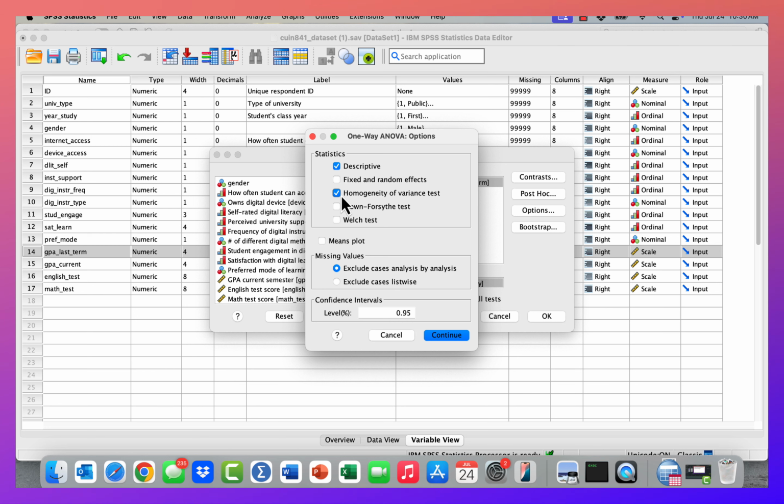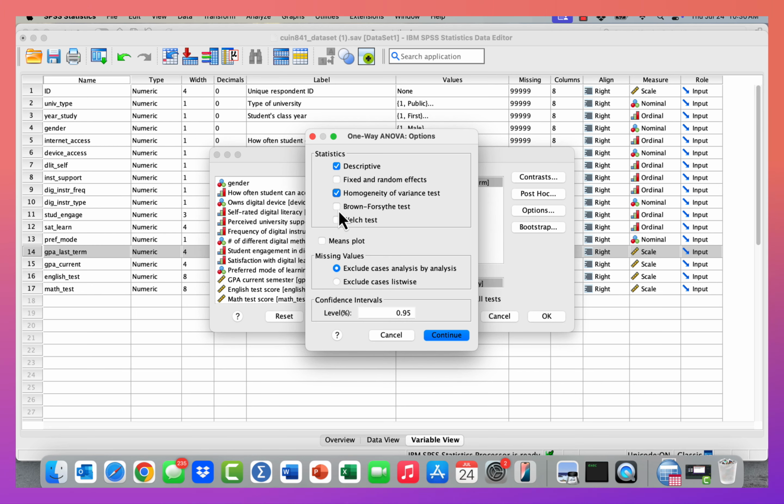It'll produce the Levene statistic. Remember, one of our assumptions of ANOVA and all of these types of tests is that our variances are homogeneous. And so we hope that we cannot reject the null in this case.